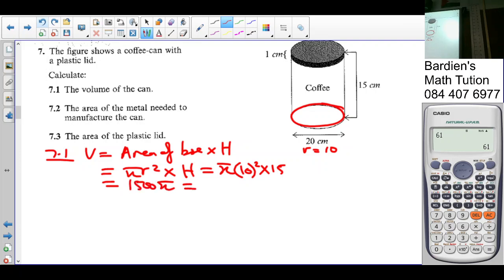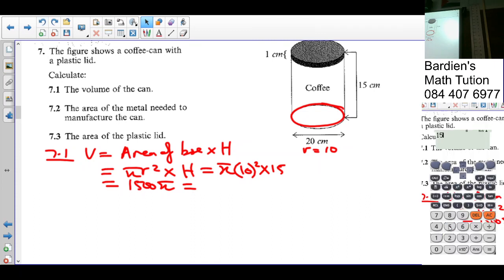Which is 1,500 pi. That gives us 4712.39 centimeters cubed. Okay.